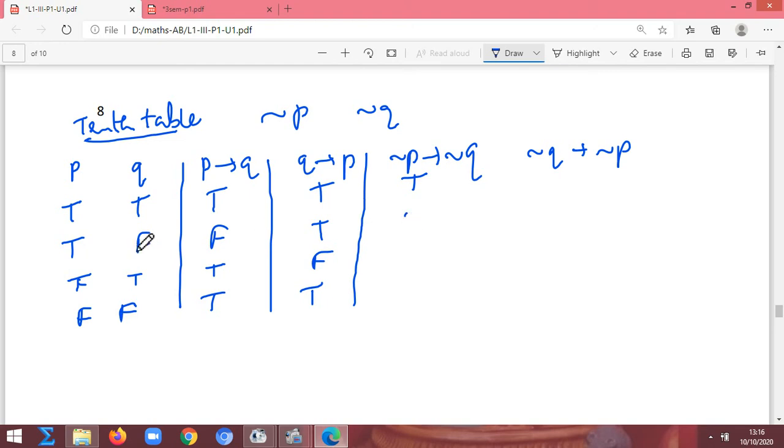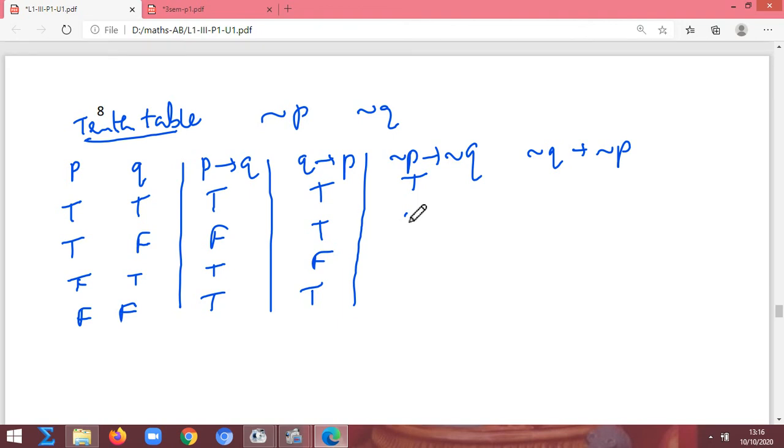Okay, sorry, negation of false is true, and negation of true is false. So, therefore, this will have the value true, okay, and check here false and true. So, you have to check here. Please check whether this is true or false. Okay.